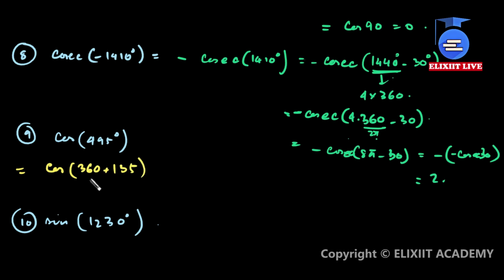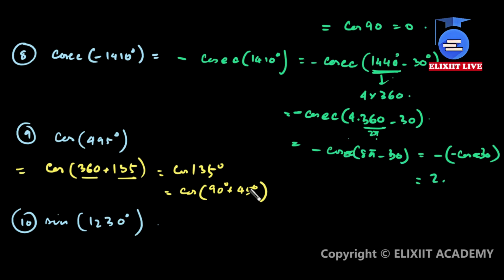So cos of 360 plus theta means first quadrant, everything is positive, so this is the same as cos 135. You can further break cos 135 as cos of 90 plus 45.